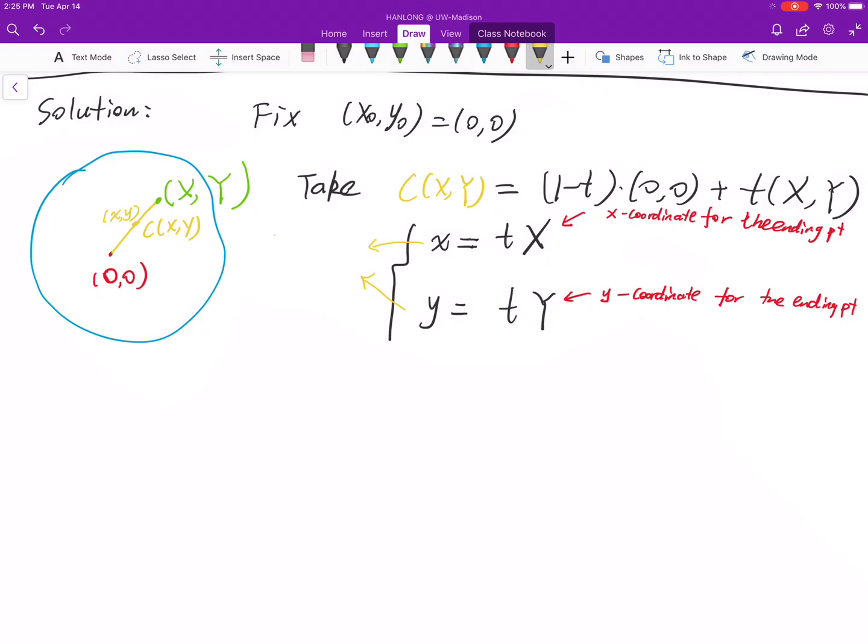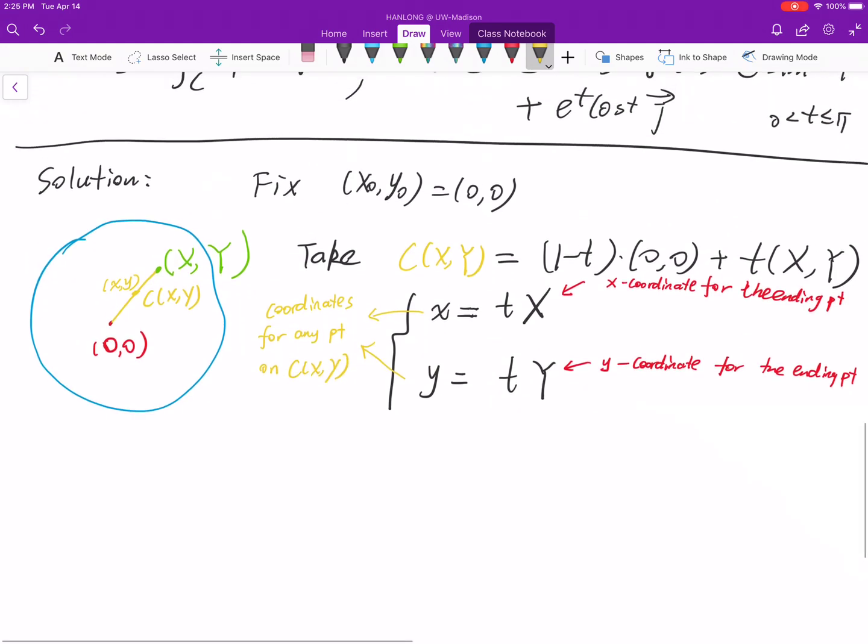So coordinates for any point on cxy. Okay, sorry. Here probably you better use this notation.